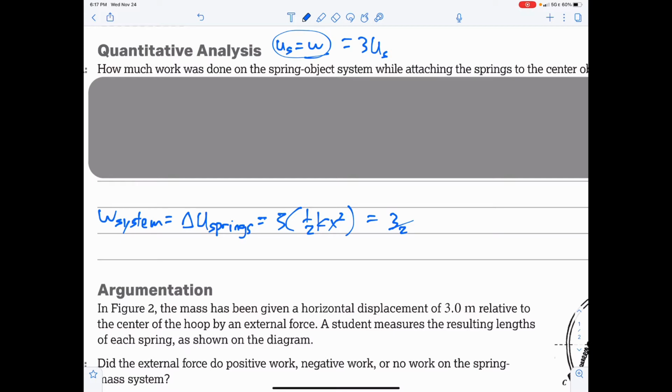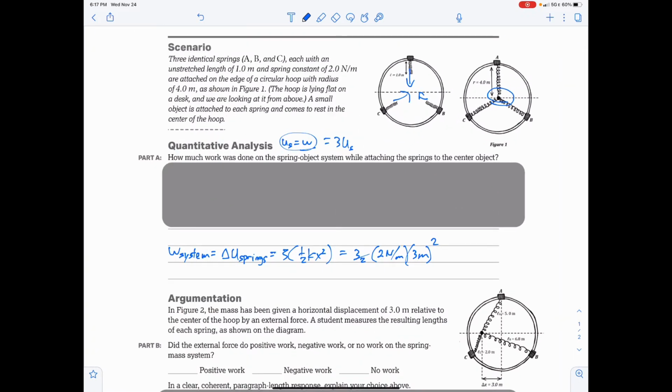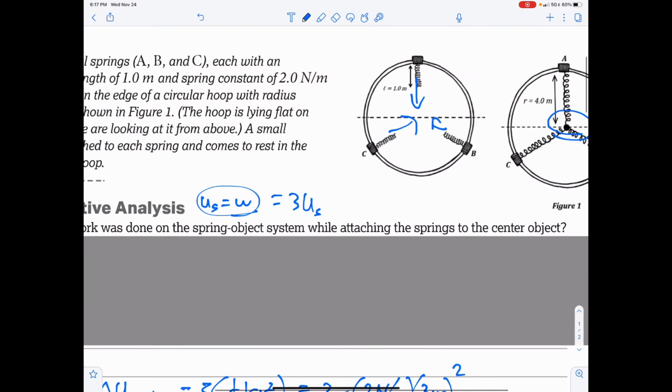K was 2 newtons per meter, times the 3 meters you stretched it, squared. Okay, because we have a radius. We were told it has a radius of 4 meters, but the spring already has a length of 1 meter to begin with before you stretch it. So that means the stretched length, x, would be the remaining 3 meters.